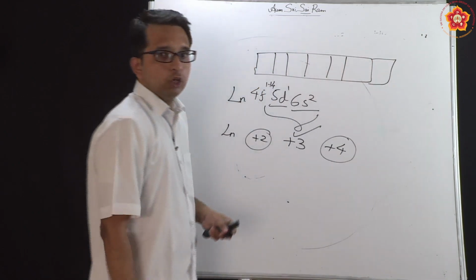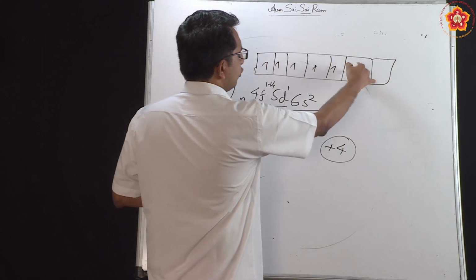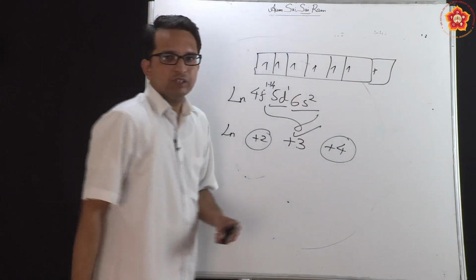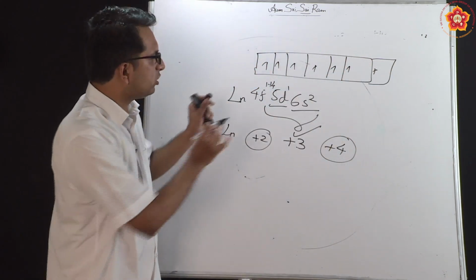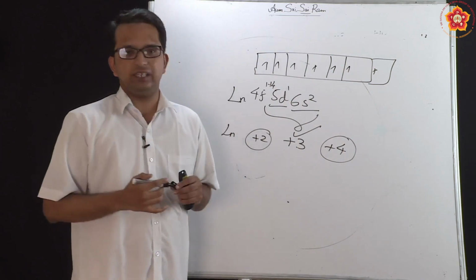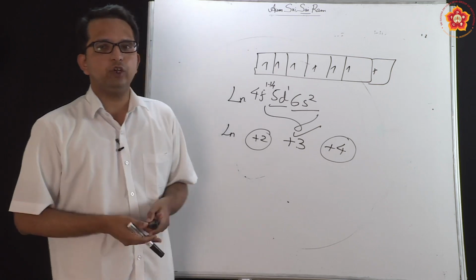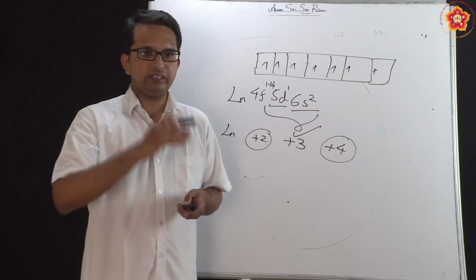How do you fill the system? You fill one each before you pair. So quite naturally you could get a good number of unpaired electrons. These are certain physical properties that we associate with lanthanoid systems.